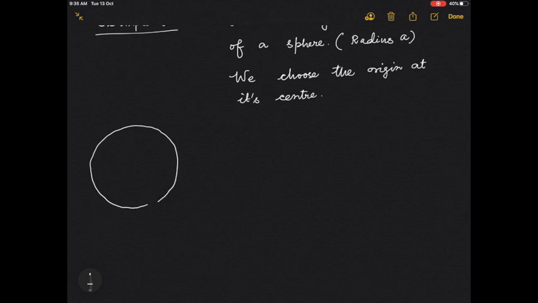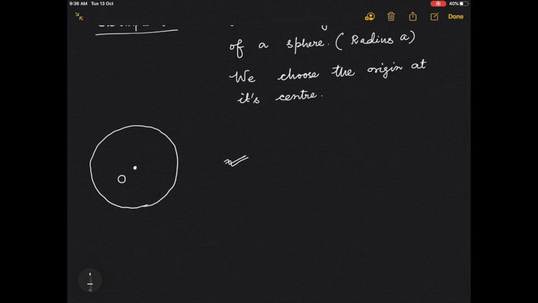Now what is the geometry of the problem? I have this sphere, so I draw a circle which represents my sphere. And I have chosen the origin here.